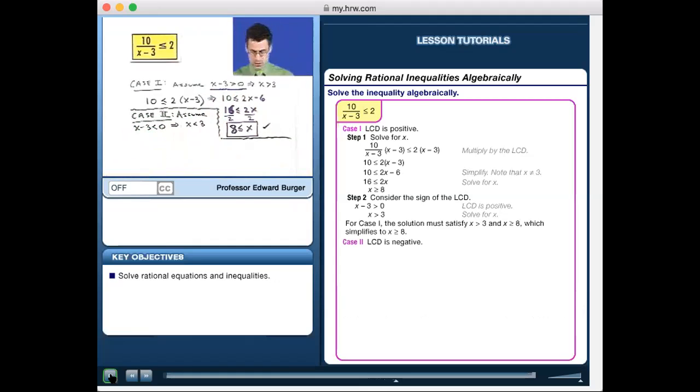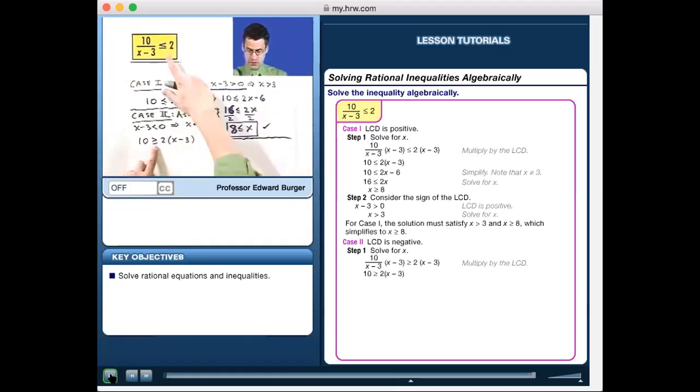Now, when I multiply both sides by the quantity x minus 3, since I'm assuming that's negative, that's actually going to reverse the inequality symbol. So now I see 10 is greater than or equal to 2 times x minus 3. You see how the inequality symbol has been reversed?